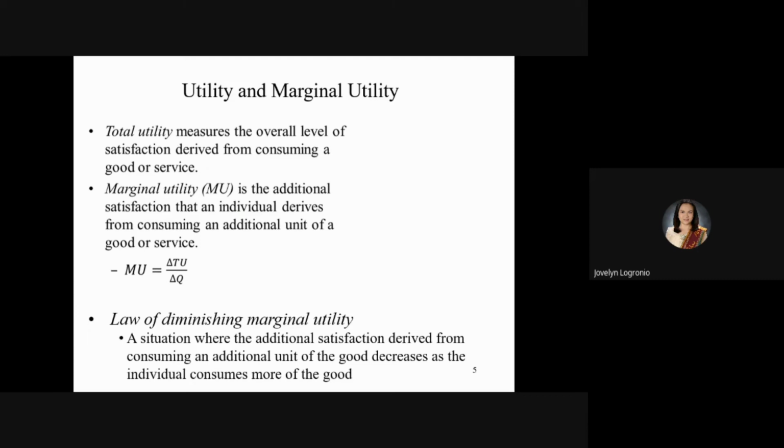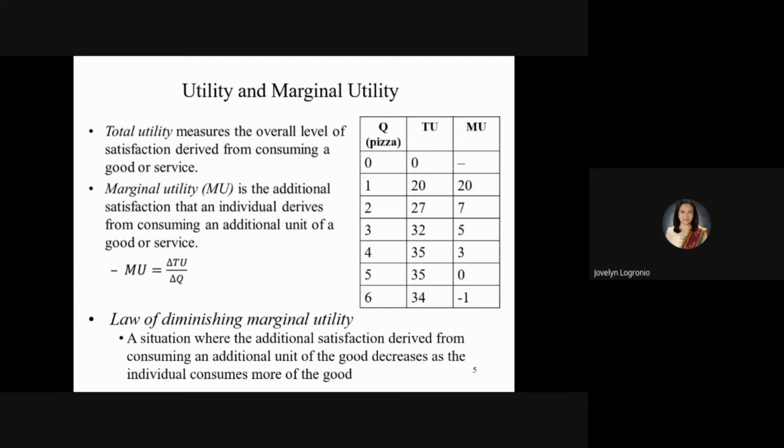So para mas clear, we'll have example. Okay, meron tayong table. Q here means quantity of pizza consumed by the consumer. Then TU, that means the total utility. MU is the marginal utility. The first and second column give the hypothetical figure or data on the utility of the consumer.